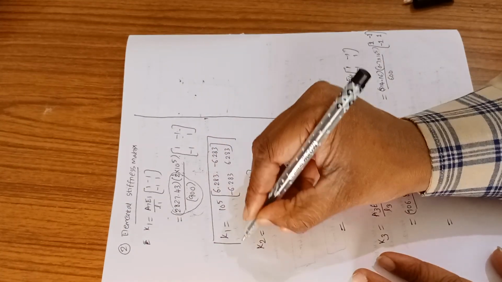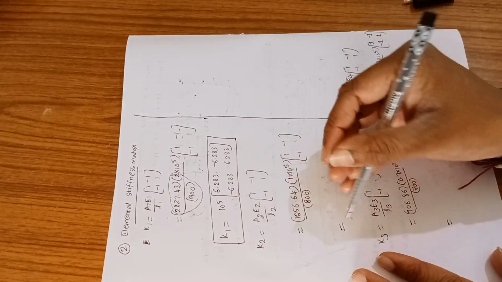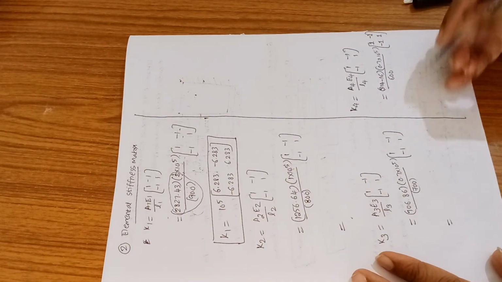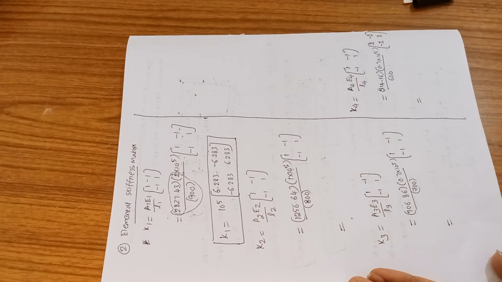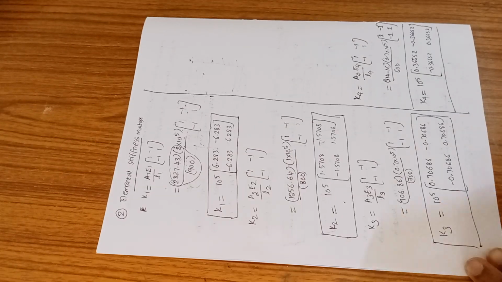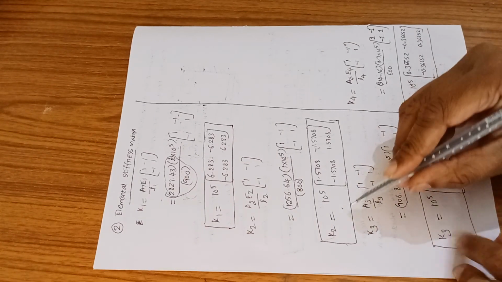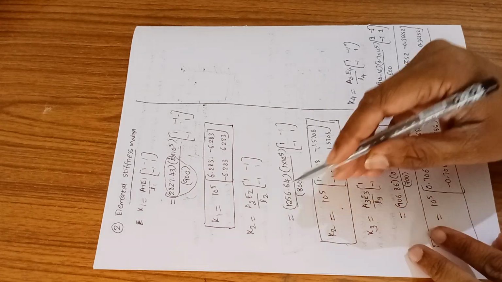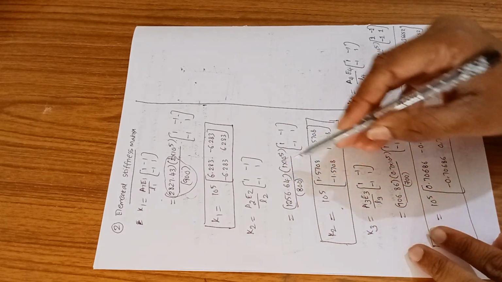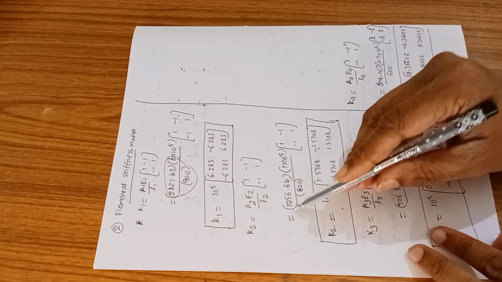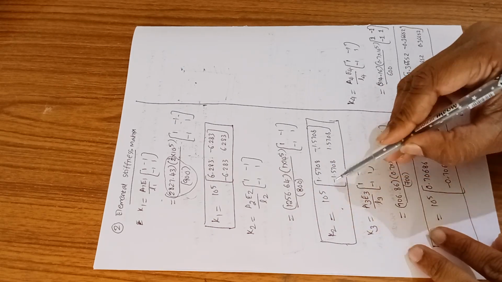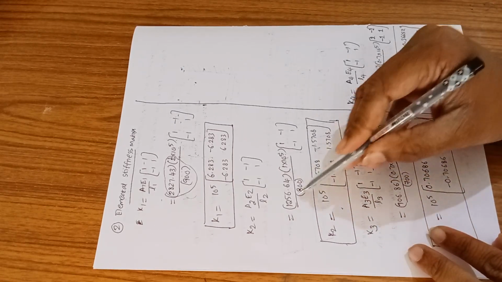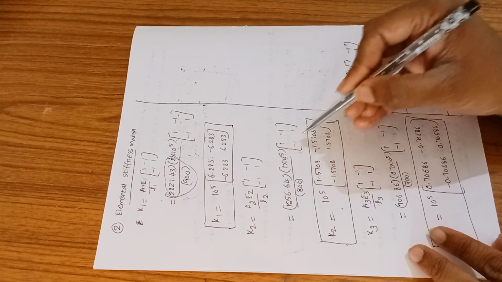Similarly, you have to substitute all these values for K2, K3 and K4. I have already calculated all the stiffness matrices. Upon simplification, leaving the 10 to the power of 5, for the second stiffness matrix you get 1.5708, which you multiply inside.